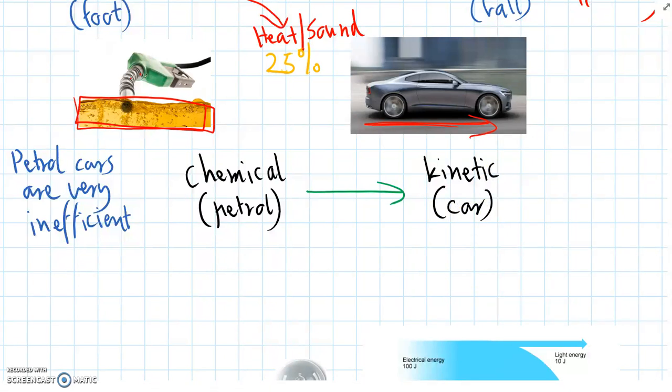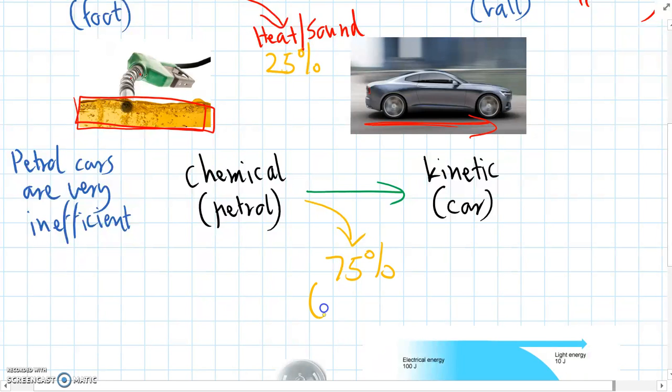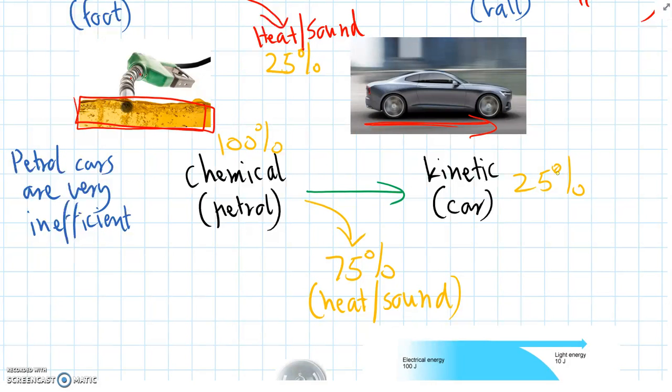But what we know about petrol engines is that they lose 75% of the energy as heat and sound, which is the main way that energy is lost. So 75% of our 100% is wasted, and only 25% of the energy is actually able to be used to move the car along. So we can call a car engine 25% efficient.